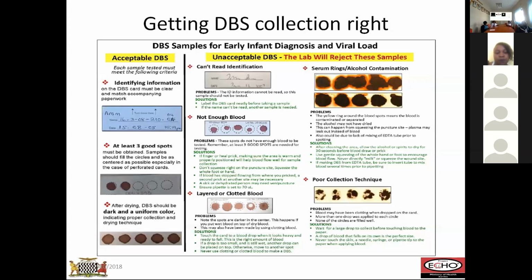If you look at the second column, you have those small rings in the circles that may result in a rejected sample, or you have layered or clotted blood, which is in layers and it's very dark, or you have all those yellow rings surrounding the blood circles due to too much alcohol and you didn't dry it properly, or maybe you were squeezing the foot and squeezing out tissue fluid, or you were using a capillary tube and you're touching the tube and you get all those small dots and scratch marks on the card.